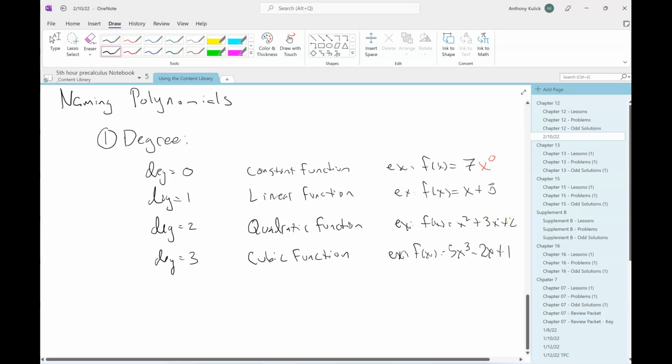Just as an example, I'm just making stuff up. And the last one that we're going to give a name for is degree 4, which is quartic.